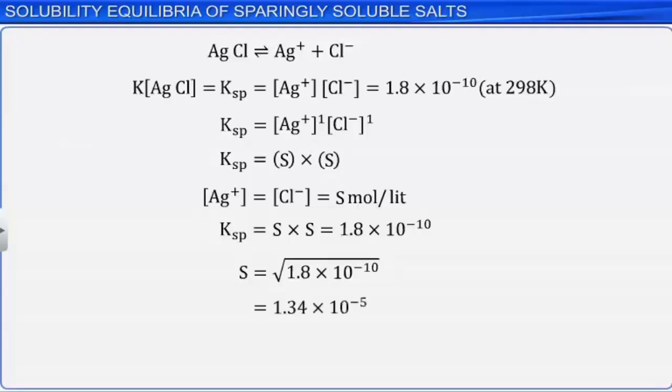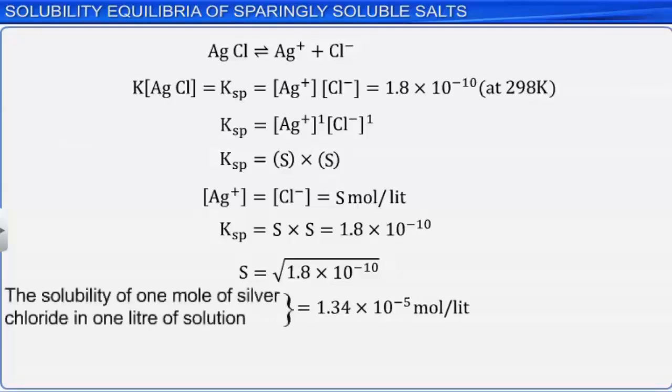This is equal to 1.34 multiplied by 10 to the power of minus 5 moles per liter. Thus, the solubility of silver chloride is 1.34 multiplied by 10 to the power of minus 5 moles per liter.